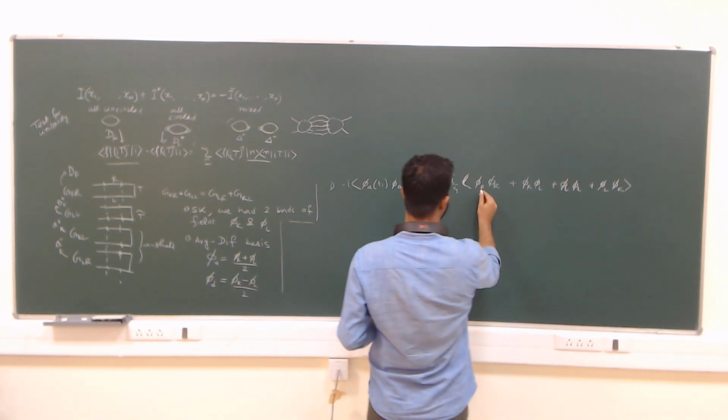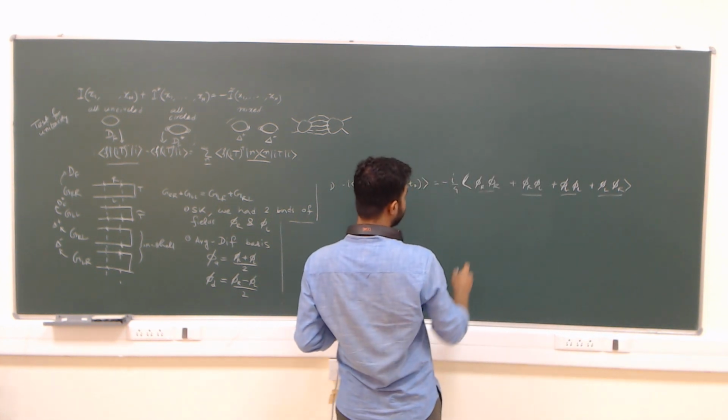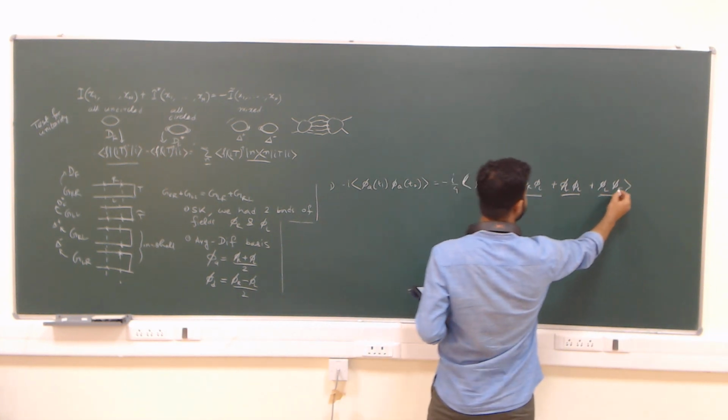These are nothing but again G_RR, G_RL, G_LL, G_LR, and we know that G_RR plus G_LL equals G_RL plus G_LR.